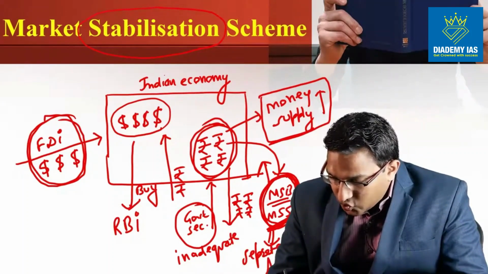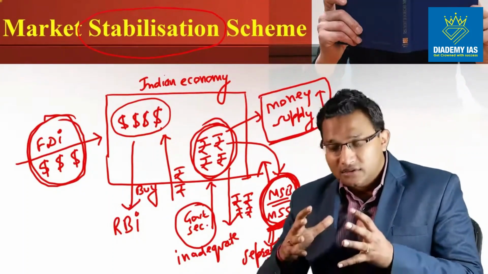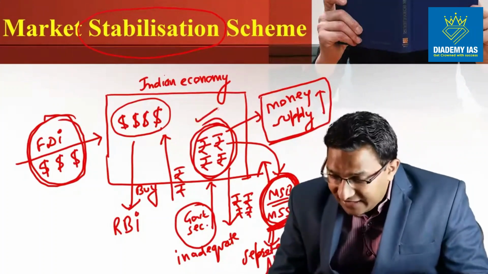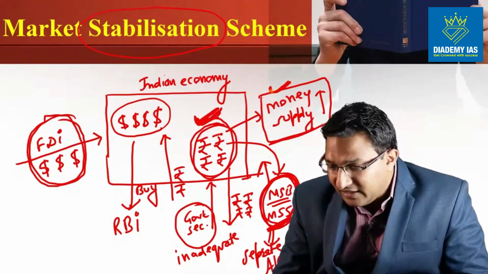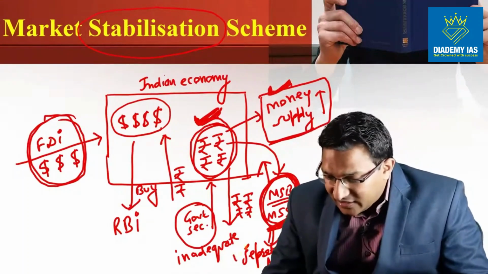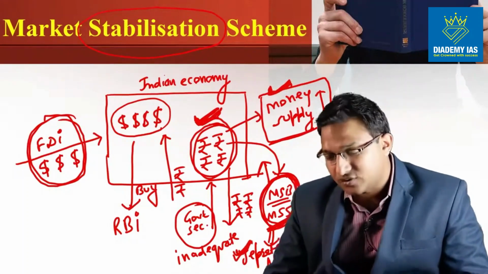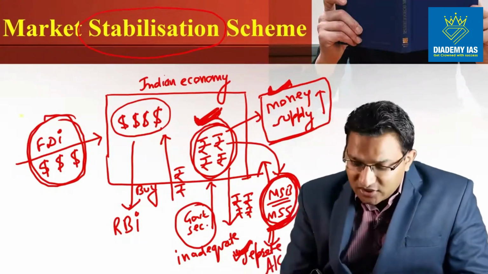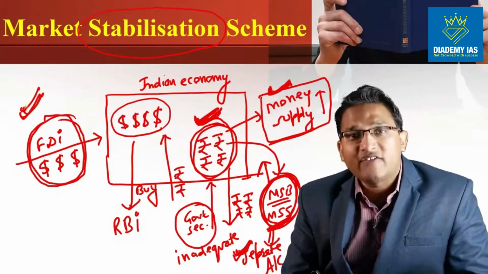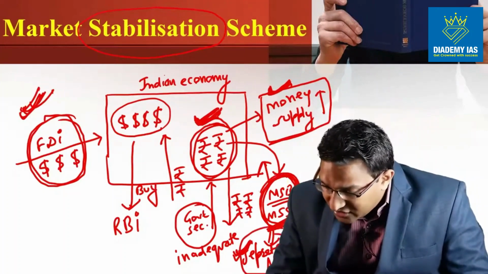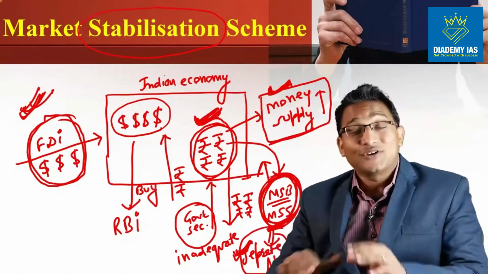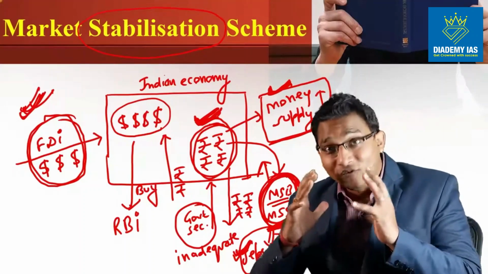Can you see that the money which was lying in the Indian economy, increasing the money supply, is now lying with the Reserve Bank of India in a separate account? So the fluctuation caused by this FDI is managed by these market stabilization scheme bonds. This is how the scheme works.